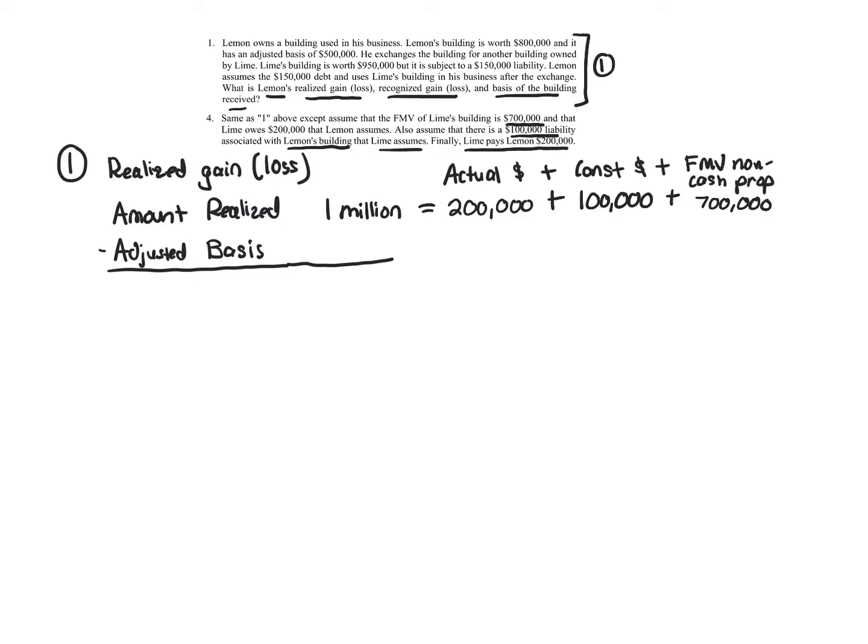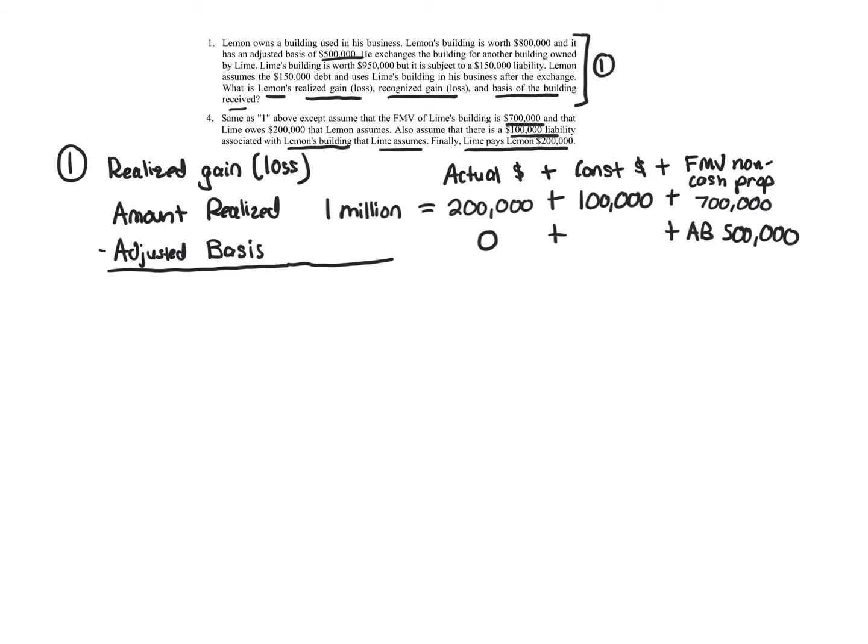Minus the adjusted basis of all property given up by Lemon. Start with the adjusted basis of the property, the building. That's $500,000. Okay. Is Lemon paying Lime any actual cash here? No. There was none in problem 1. There's none in problem 2. So actual cash paid by Lemon is 0. What about constructive cash? Yes.